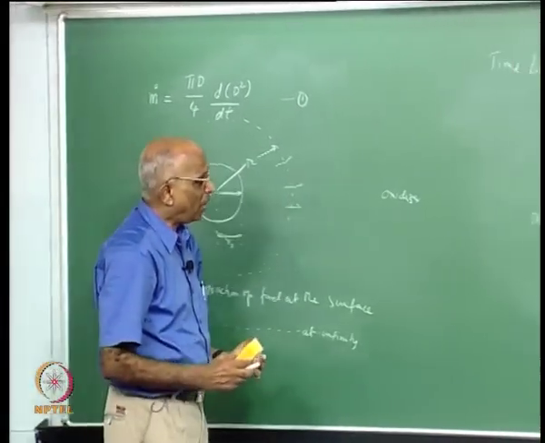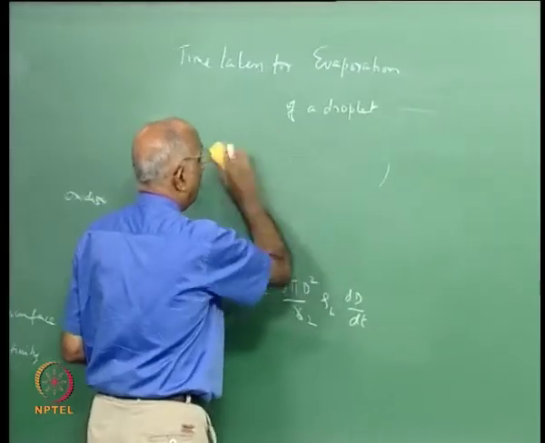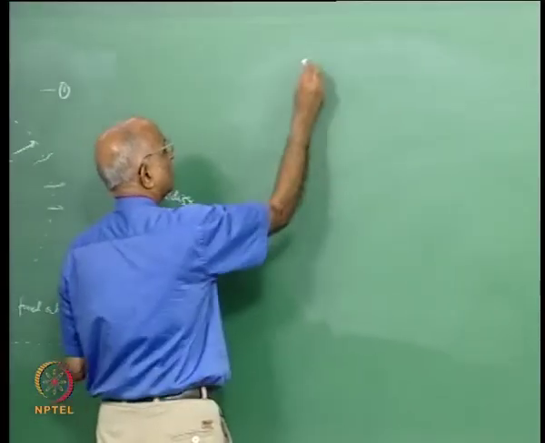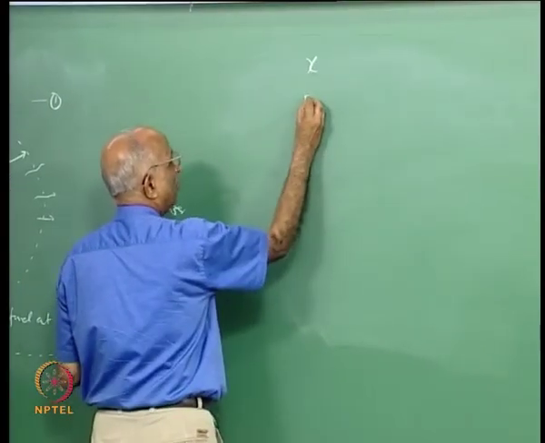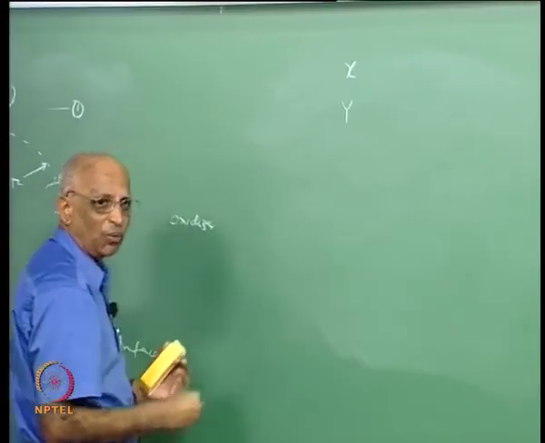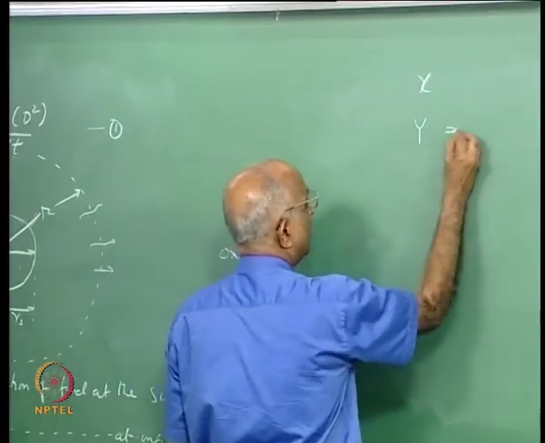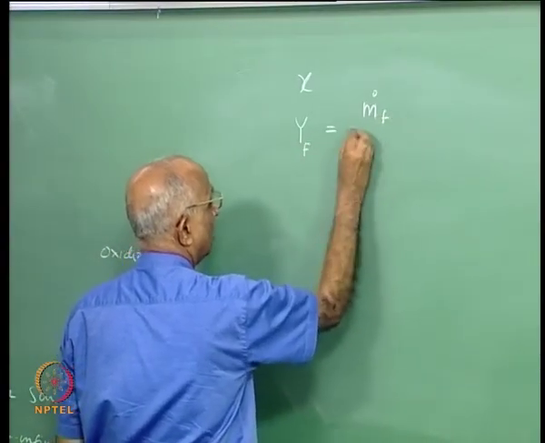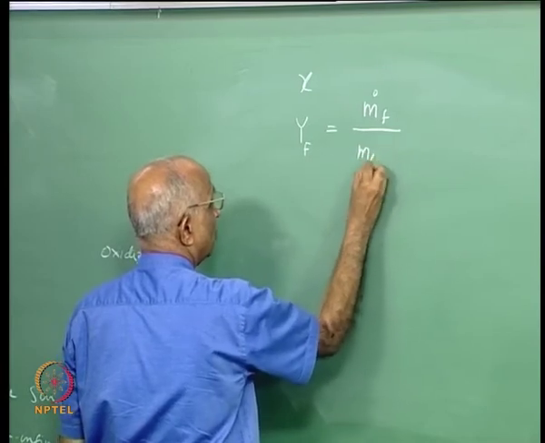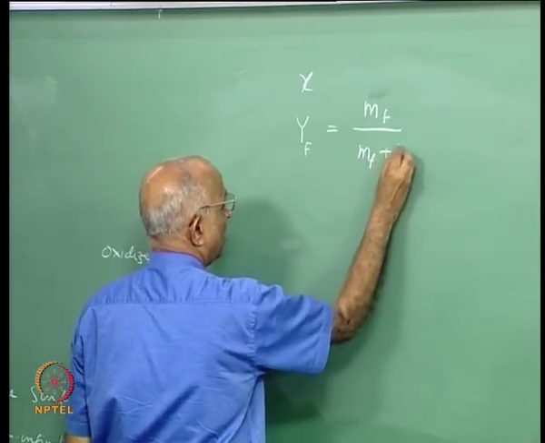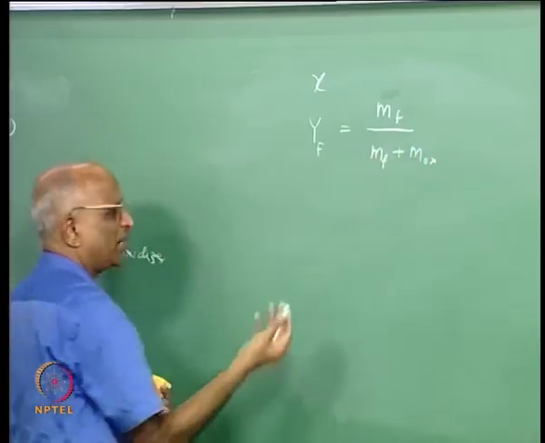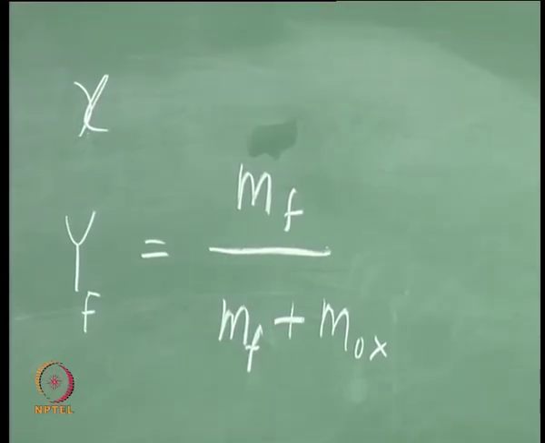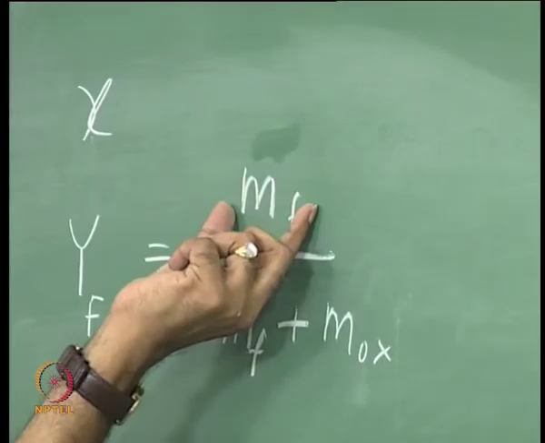How do I write an equation for the mass fraction? We say mass fraction and mole fraction. We told ourselves mole fraction is denoted by x, mass fraction is denoted by Y, capital Y or small y. And what is the mass fraction? It is equal to the mass of the fuel I am interested in, divided by the mass of the fuel plus the mass of the oxidizer. This is the fraction of the total mass that is fuel.